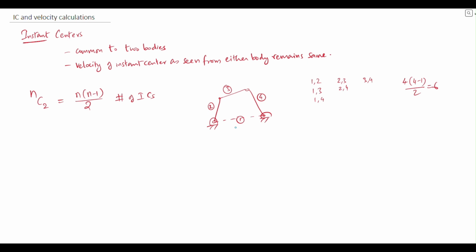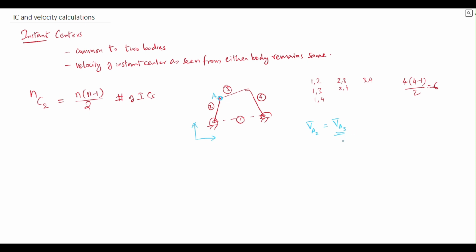Out of these, the simplest thing to consider is if two bodies have a common point, like this point, it is bound to have the same absolute velocity. When I'm looking at the velocity of point A from body 2 versus the velocity of point A as seen through the rotation of body 3, it has to be the same. So velocity of A in body 2 is going to be velocity of A in body 3.